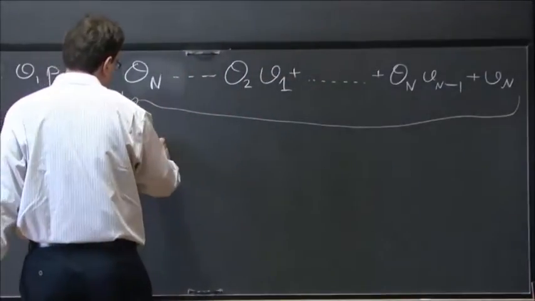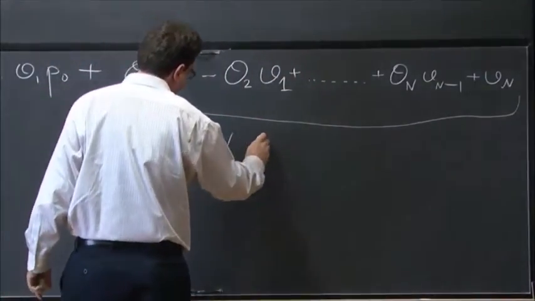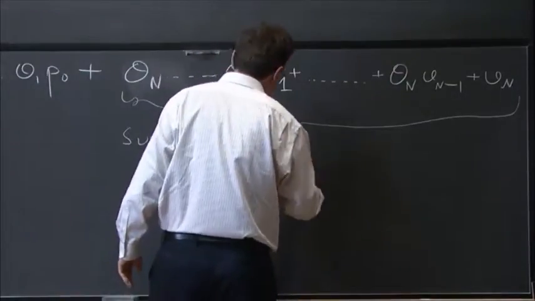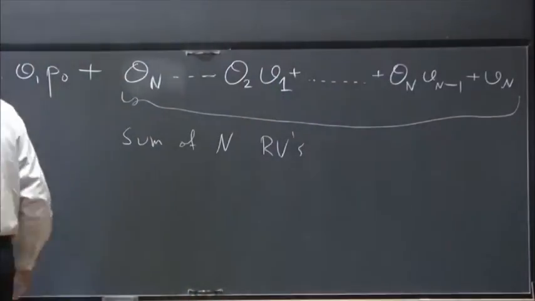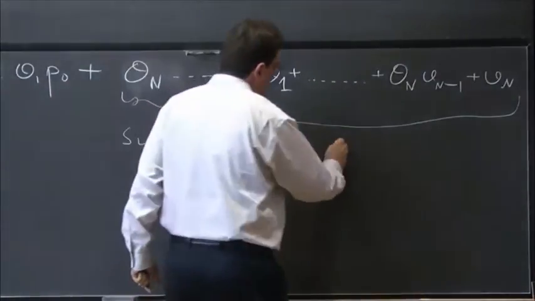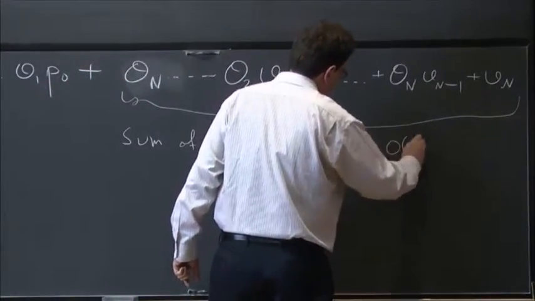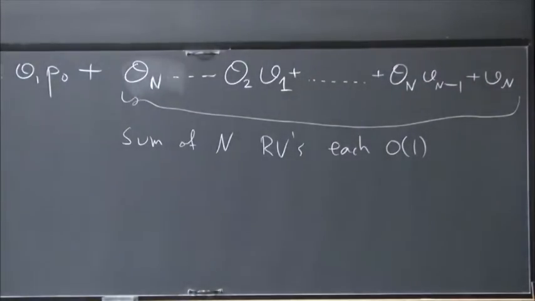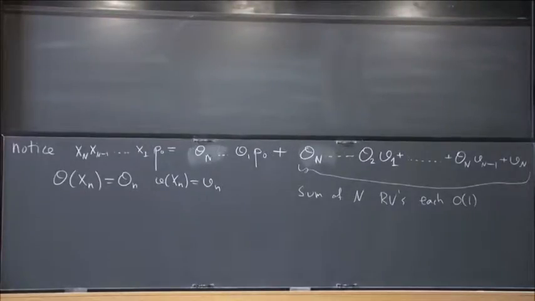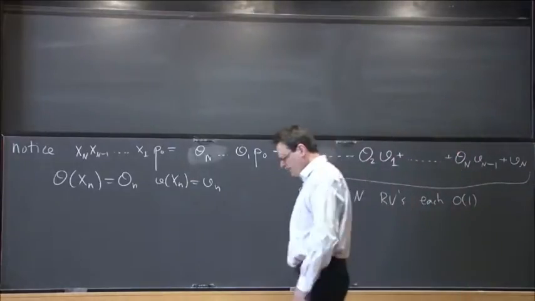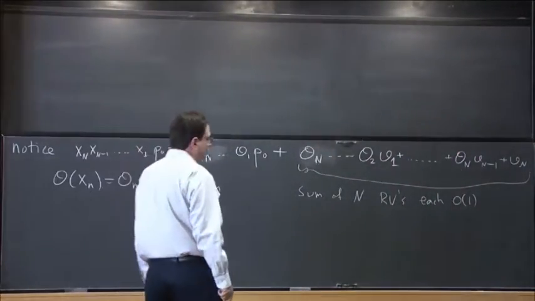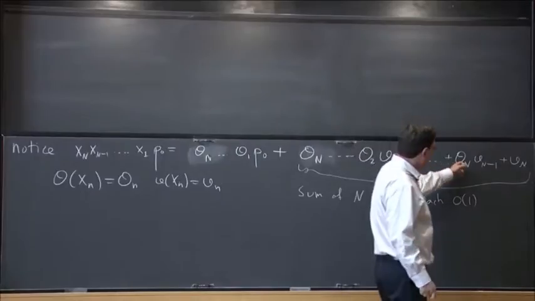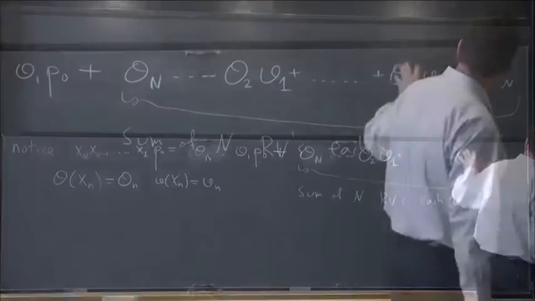This is the sum of capital N random variables, each of fixed size. Now they're of course not independent, which is the key point of the talk. If I know what the nth translation is, I quite likely know what the nth rotation is, so there's some information I know about this sum.